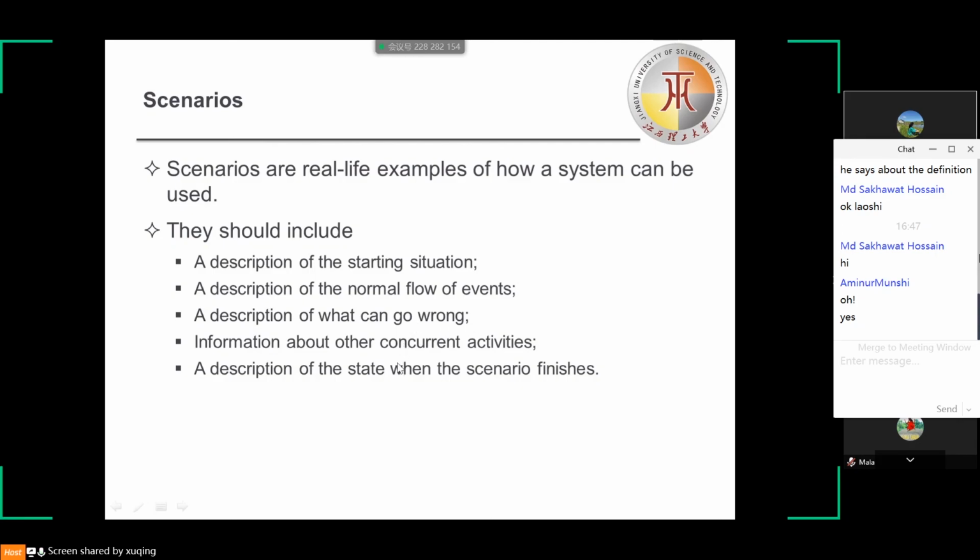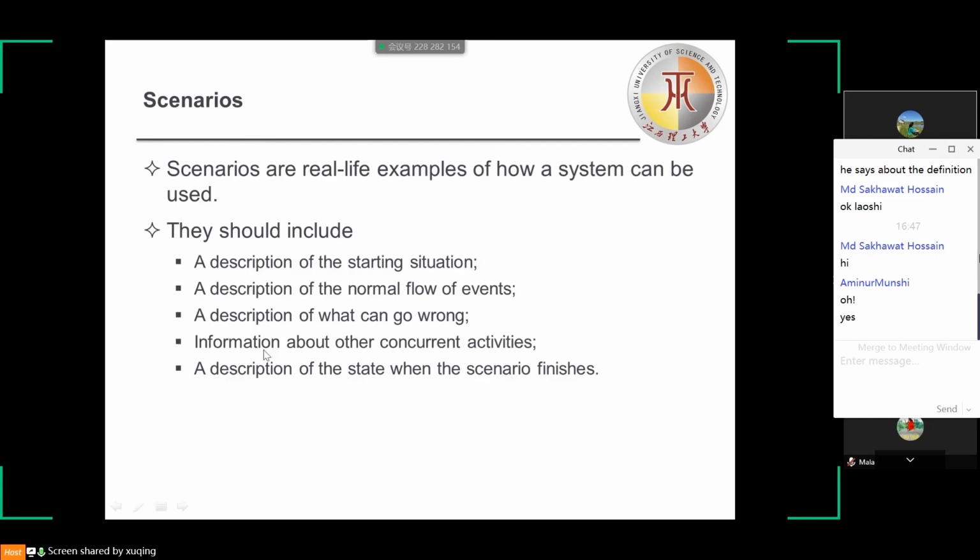Here, in general, a scenario may include this information: a description of the starting situation, the normal flow of events, a description of what can go wrong, and also how the problem is handled.